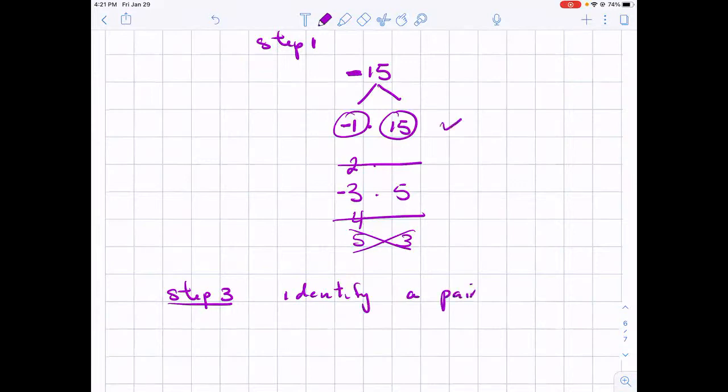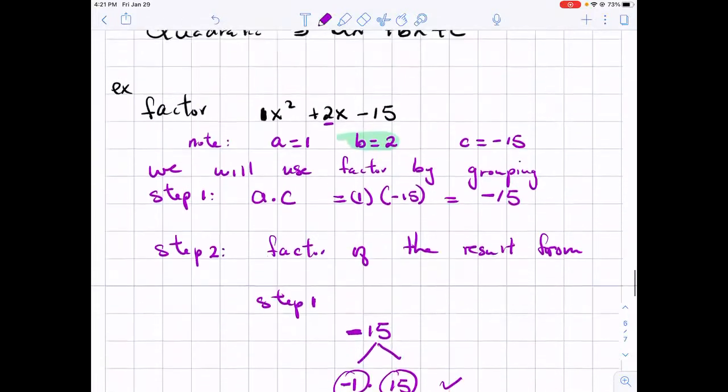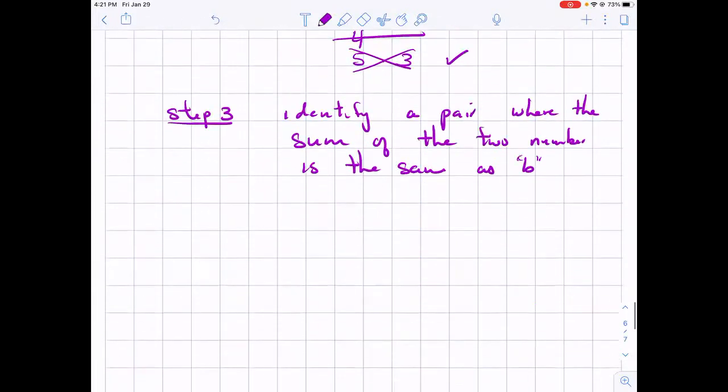Each one is a pair where the sum of the two numbers is the same as B. Remember, B was equal to 2, right? Recall, B is equal to 2.